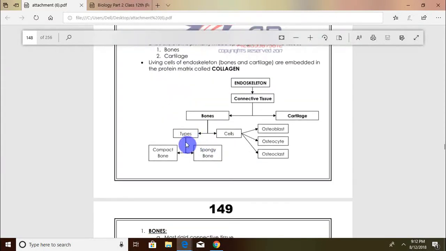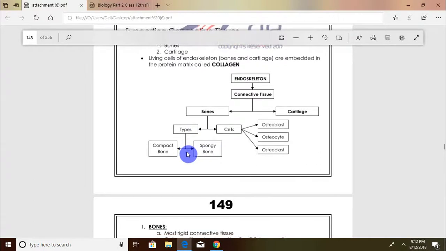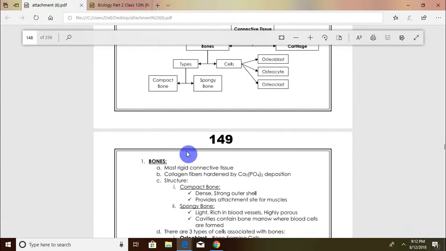If you look over here, they have given this first division. Now the compact bone is really dense, it's really strong, and it's where the attachment with muscles takes place via tendons, and we're going to talk about those later. Now the spongy bone is, in contrast, very non-dense.